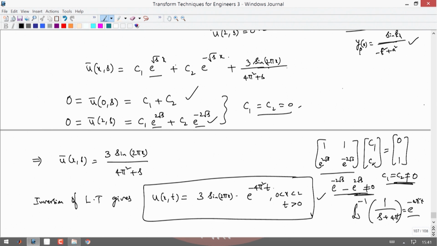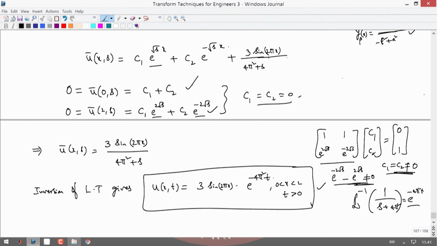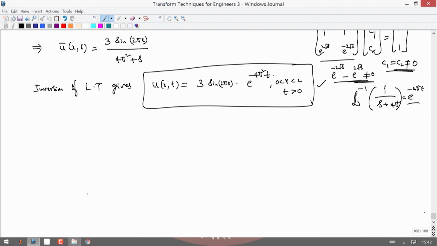When C1 C2 are both non-zero constants, you put them here and you can invert this easily, but here you may need the Laplace inversion of e power a root s. So, this is what you may require. Okay. So, this is a remark.